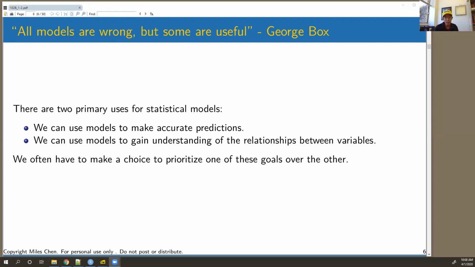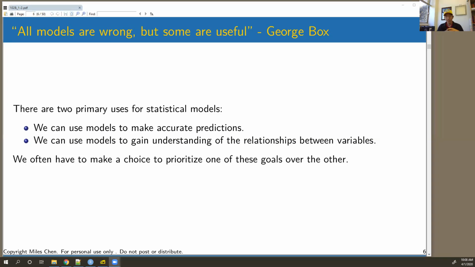But they can be useful in helping us gain understanding of the relationships between variables, and they can also be useful for making predictions, okay? They're not going to be 100% accurate. There's still going to be some error there, but the model will make a better prediction than if we didn't use a model at all, right?